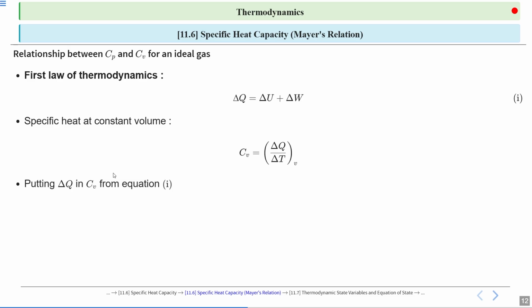Putting delta Q from equation first, we get Cv equal to delta Q divided by delta T at constant volume, which is equal to delta U plus delta W divided by delta T. This expression comes from the first law of thermodynamics.